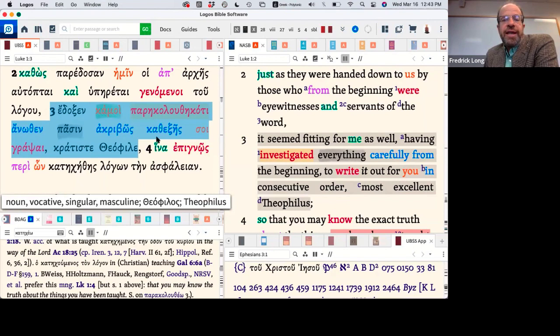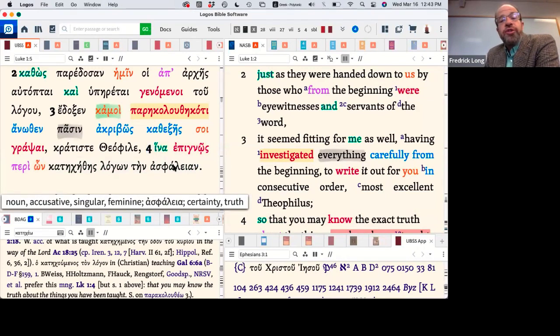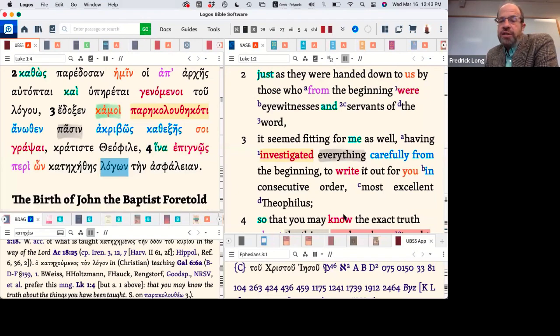So this orderly account, this writing out of an orderly account, is the means by which Theophilus would know the certainty of the matters or the words. And really, logon can mean matter. We tend to think of it as words, but it has a broader sense than that.